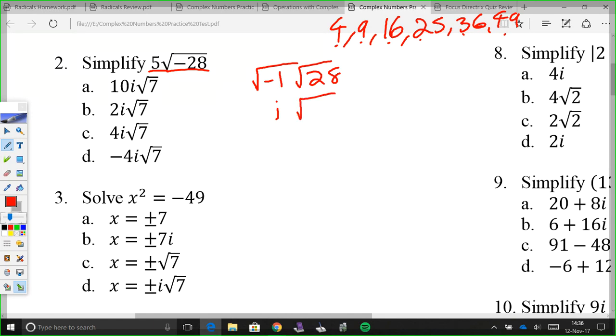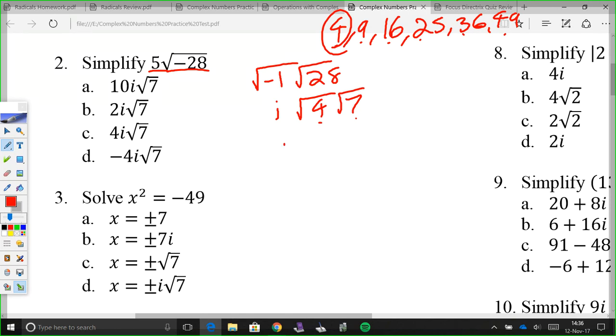So 28, I could break it into 4 and 7 because 4 times 7 is 28 and 4 is a perfect square. I can't use numbers like 14 and 2 because 14 is not a perfect square and neither is 2, so that wouldn't help me at all. I have to make sure that one of these numbers is a perfect square, and the 4 is.